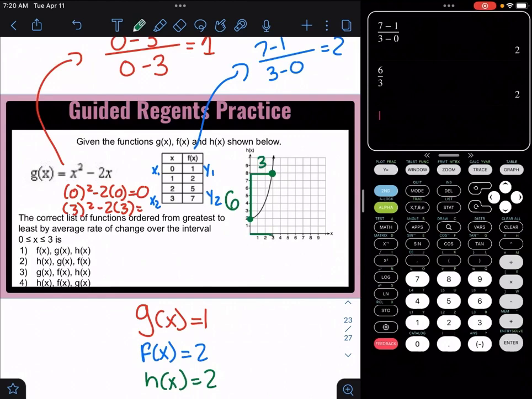From 0 to 3, you went up 1, 2, 3, 4, 5, 6. 7 minus 1 over 3 minus 0 is 2. All right, well we know h of x or f of x is going to have to come first. And we know that g of x is going to have to be last. So our answer would have to be choice 4.